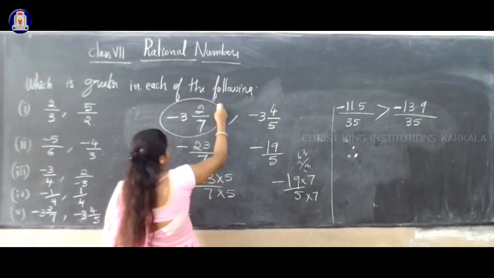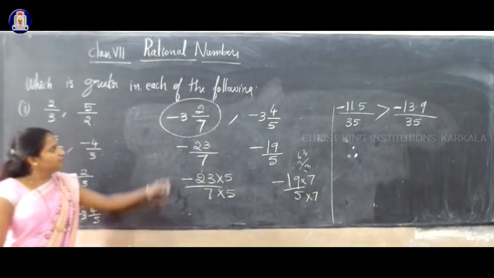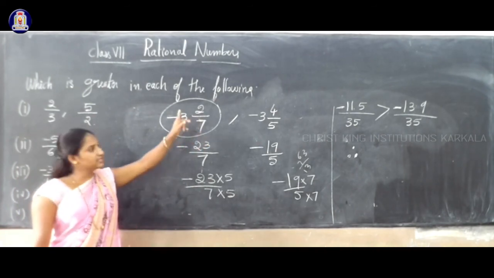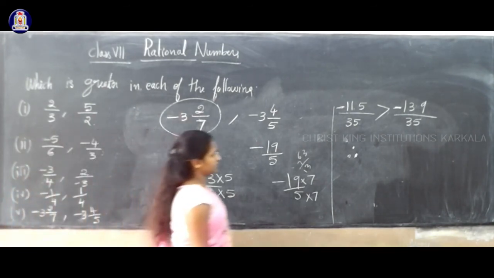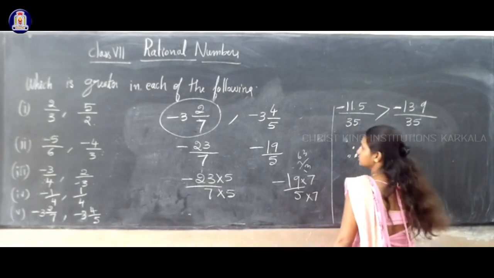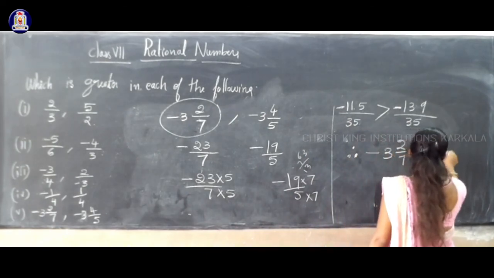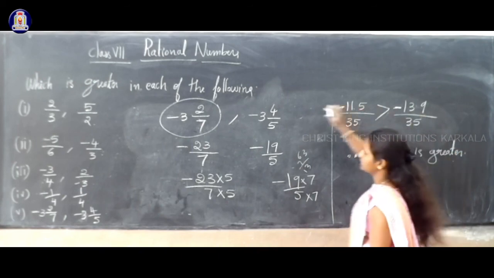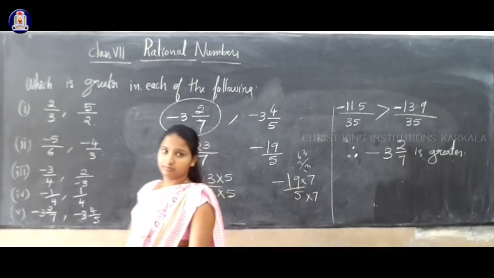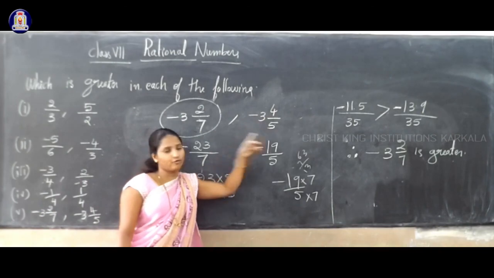What is that? Minus 3 2 by 7. Minus 3 2 by 7 is greater. Therefore minus 3 2 by 7 is greater. Clear? So this is greater than the second rational number, that is minus 3 4 by 5.